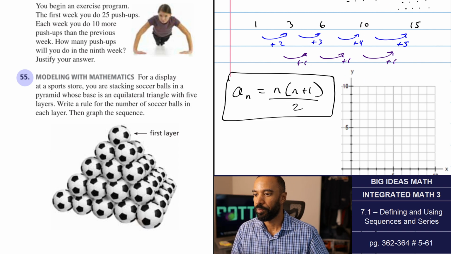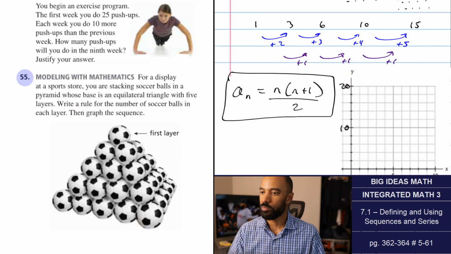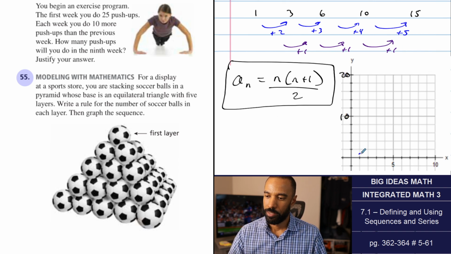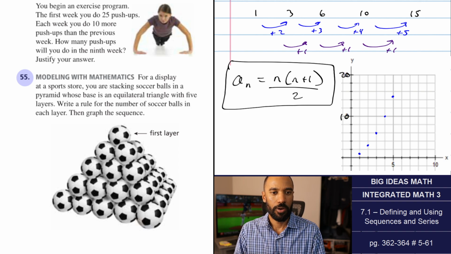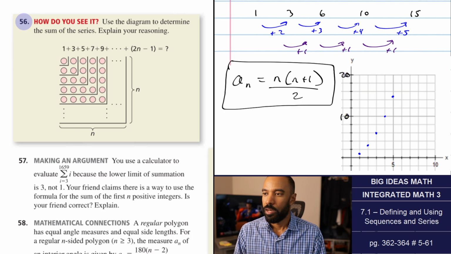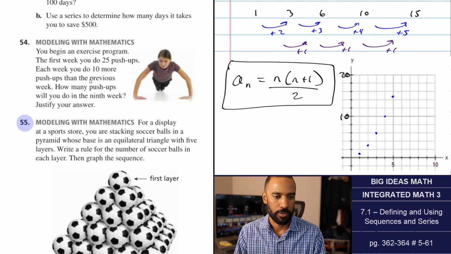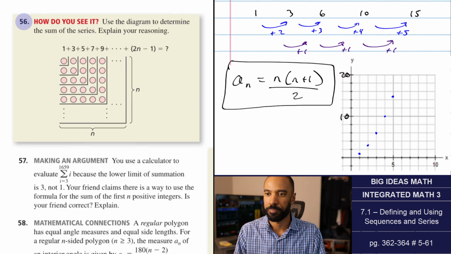Let's go by 2s. 10 and 20. All right. 1, 3, 6, 10, 15. There you go. Okay. Number 56. Hold on. Let me make sure that was it for this one. Okay. All right, number 56.